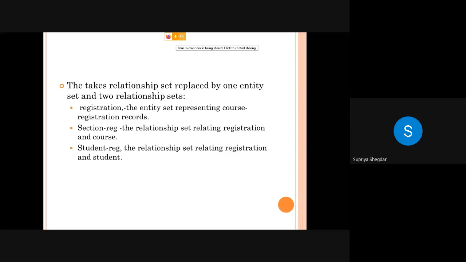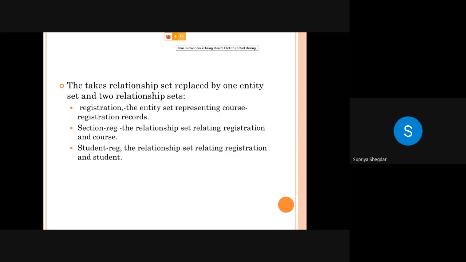So the takes relationship set is replaced by one entity set and two relationship sets. Here we have replaced the relationship set by the entity set and more relationship sets. The course registration is the entity set that represents the course registration record.